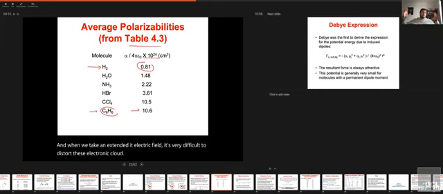But if we look at a much larger molecule, some of the electrons are going to be very, very far from the nucleus, and as a result, they will be much more responsive to an external electric field, so the polarizability becomes larger. Okay, now two molecules that have significant polarizabilities can only interact with each other if they are exposed to external fields.